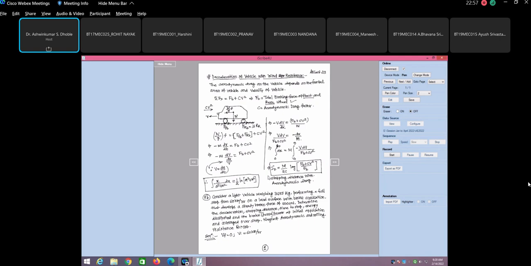On a level surface with a steady brake force, that means he has given you FB of 5000 Newton. Determine the deceleration and stopping distance. That means he is asking you to find the stopping distance, and also the time to stop.